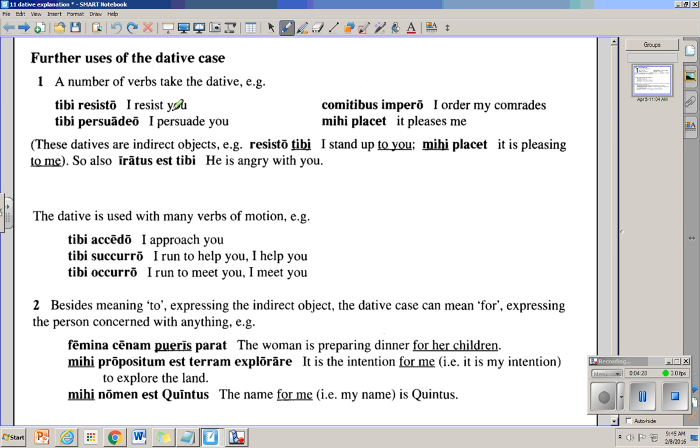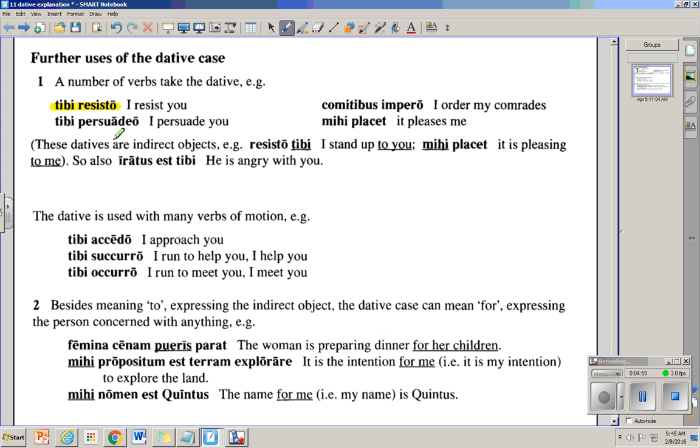The first broad exception is verbs that we would expect, from what we learned so far, to take an accusative. I love you, that would be accusative. I kick you, that would be accusative. But I resist to you. Now, it could be that maybe we're mistranslating it, and we should say something like, I offer resistance to you, and then you'll understand why it's dative.